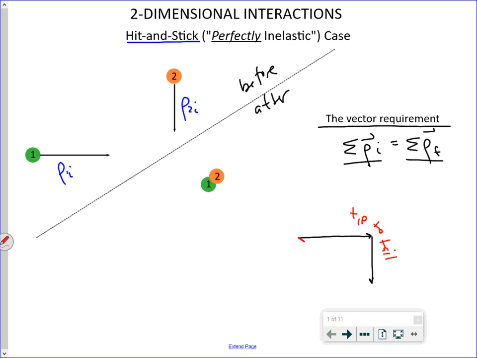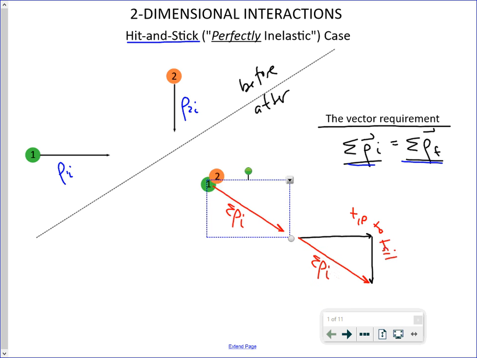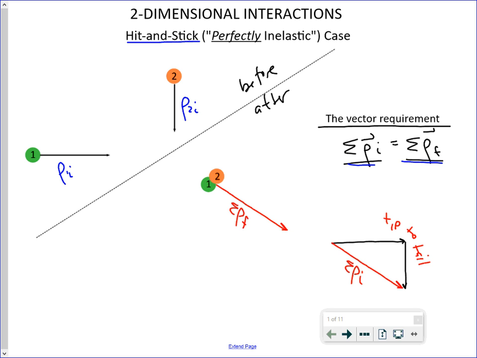And this vector is the net initial momentum. Well, what must be true? It must be true that that momentum and the final momentum are the same thing. So I'll just change this label to final. Because if that was what the momentum was in the beginning, then that's what the momentum has to be in the end. Kind of end of story.